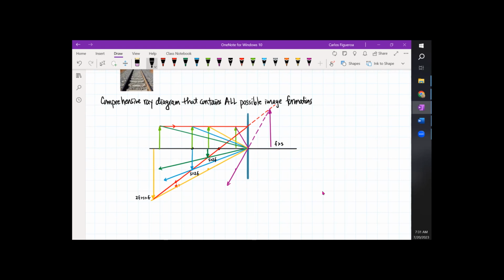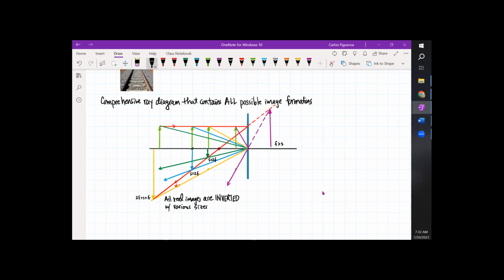So you can see here that the rays are doing what? On the left side, you see that all real images are inverted, with various sizes.